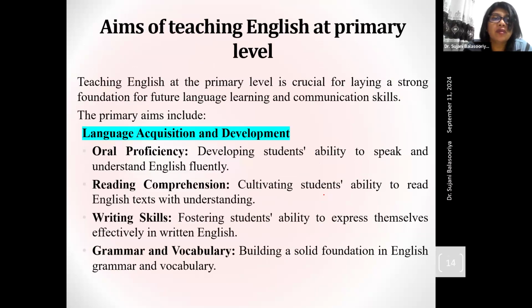Now, when we talk about the aims of teaching English at primary level, here I have given you some points that are given in detail, right? And later on, I have produced a list form as well. But first, we will look at this, right?